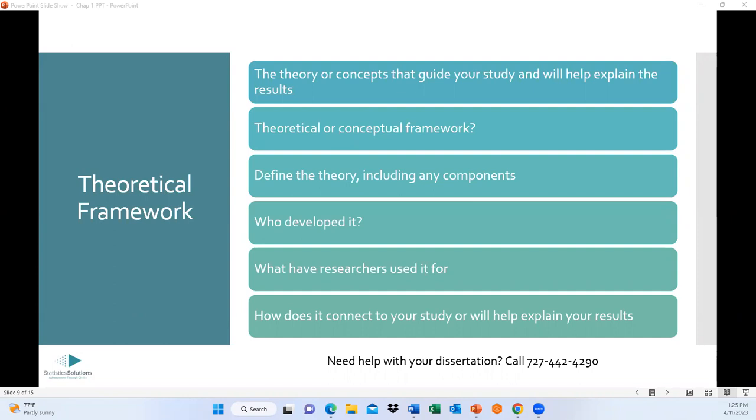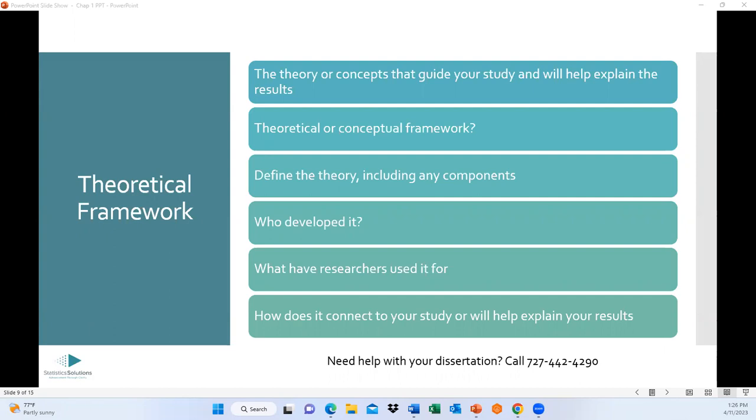Emotional intelligence and transformational leadership, that's what you're going to be studying. Well, your theories are going to be an emotional intelligence theory and a theory of transformational leadership. That's what's going to comprise your theoretical framework, those two theories together. So we just say something like, the theory of emotional intelligence and the theory of transformational leadership will serve as the theoretical framework for the study.